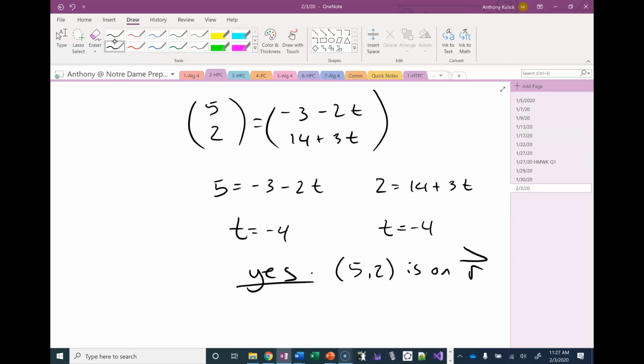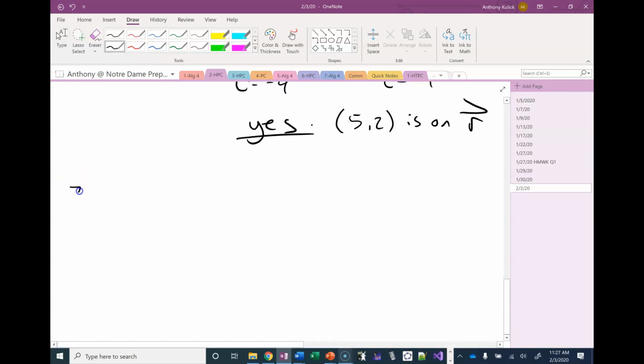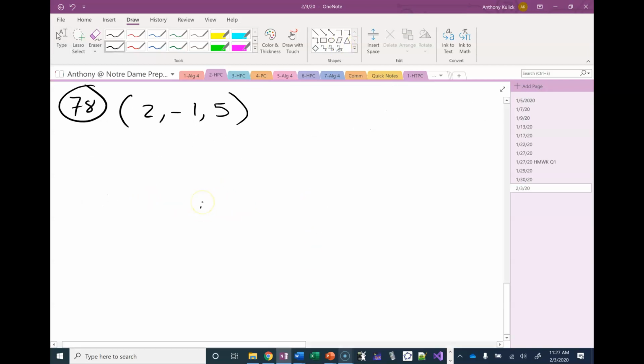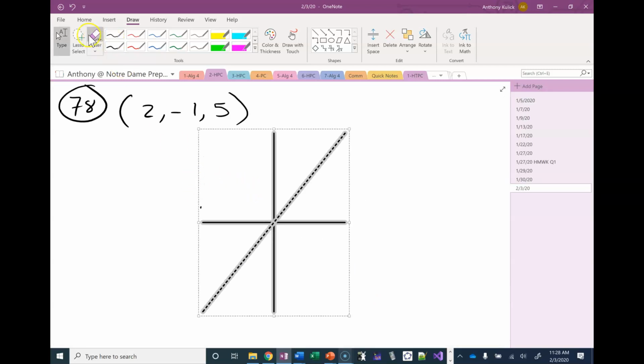78. We're plotting there, huh? Okay. So let's see. We have 2, negative 1, 5. So I'll make myself an xyz axis here. All right.